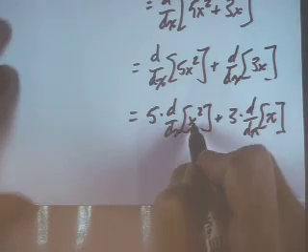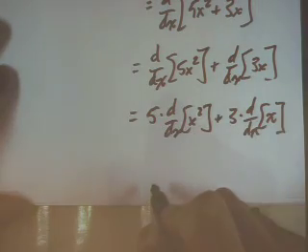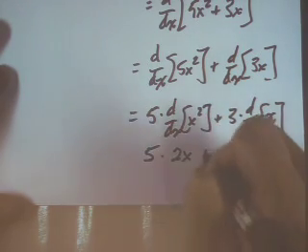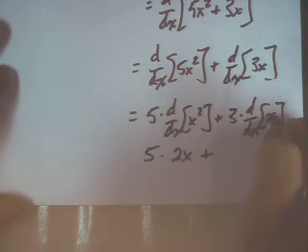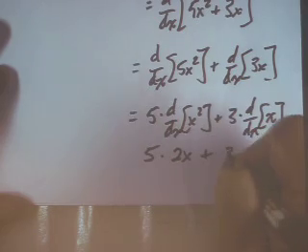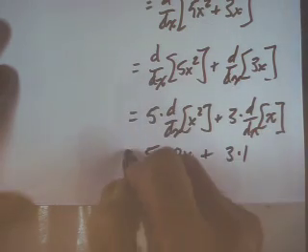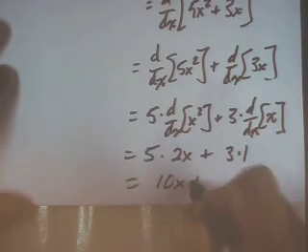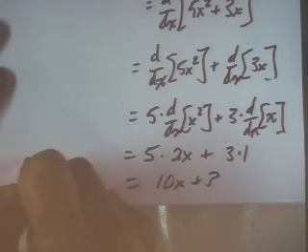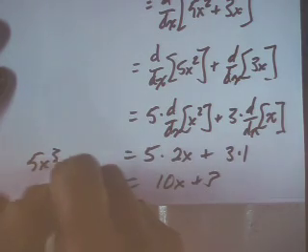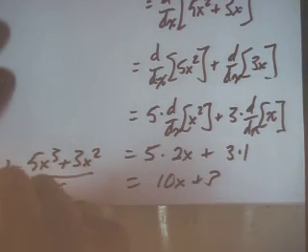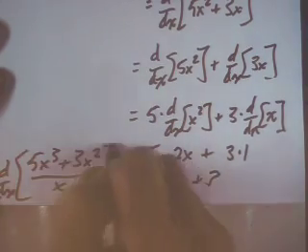Now, we recognize this derivative as 2x using the power rule. So this is 2x, so it's being multiplied by 5. And then this derivative is just 1, being multiplied by 3. And so we see that the derivative was 10x plus 3. And that was the derivative of 5x cubed plus 3x squared all over x.